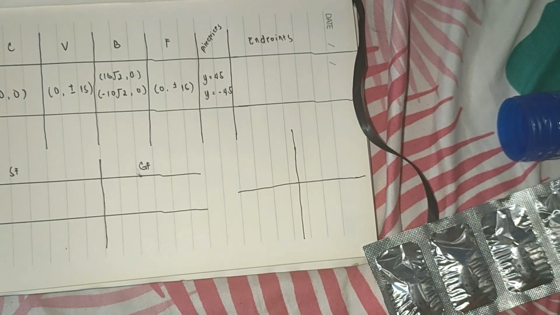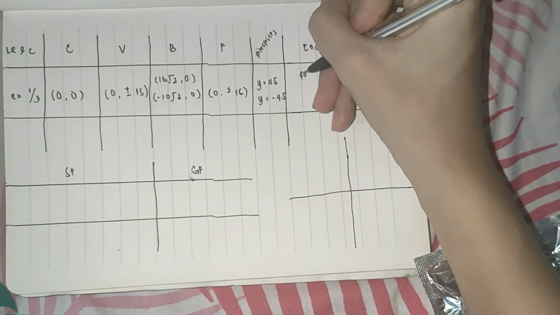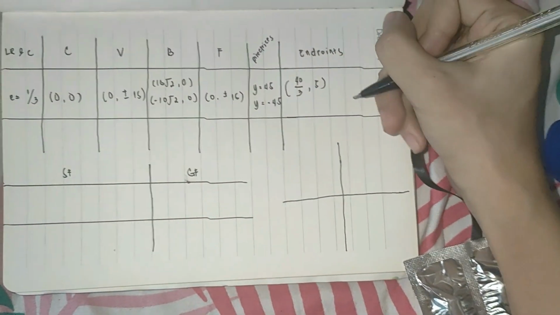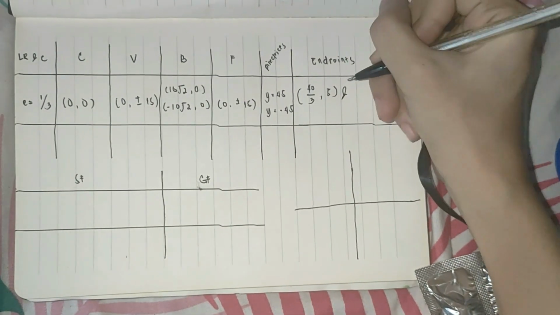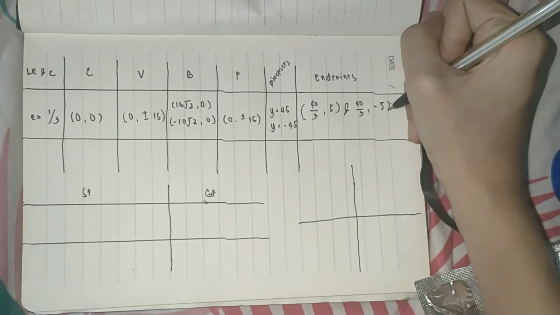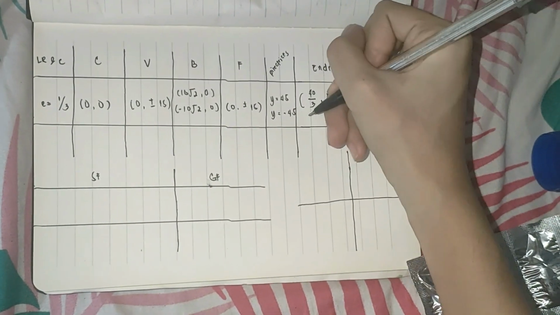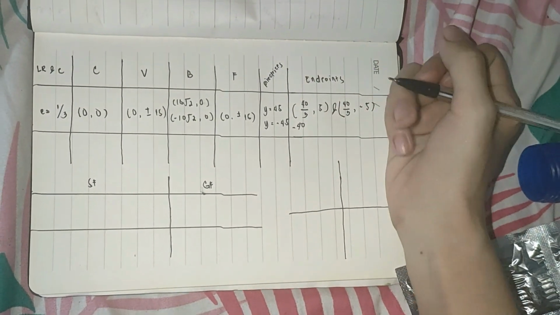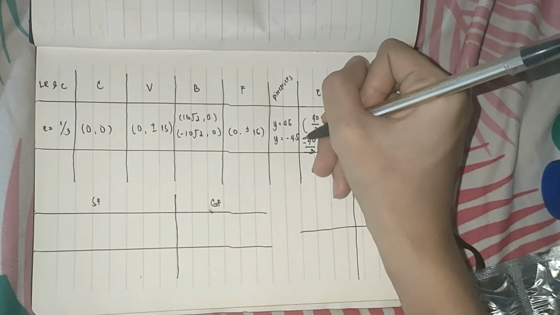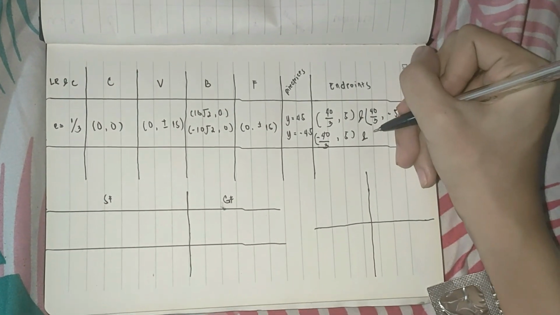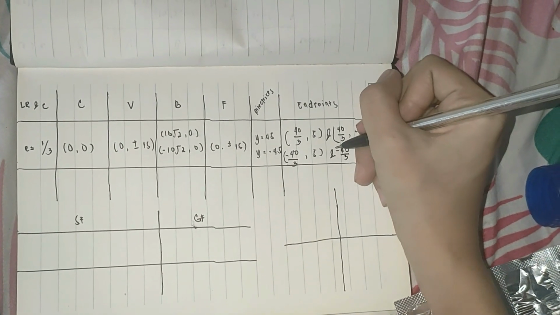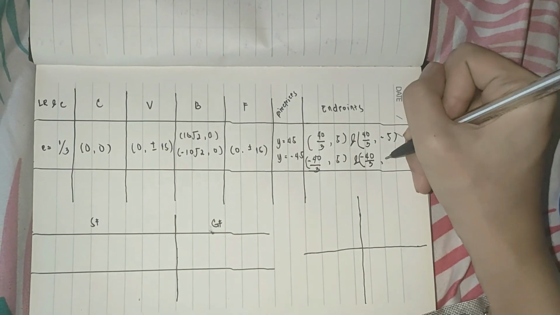Yung endpoints niya ay 40 over 3 and 5, 40 over 3 and negative 5, at negative 40 over 3 and 5, at negative 40 over 3 and negative 5.